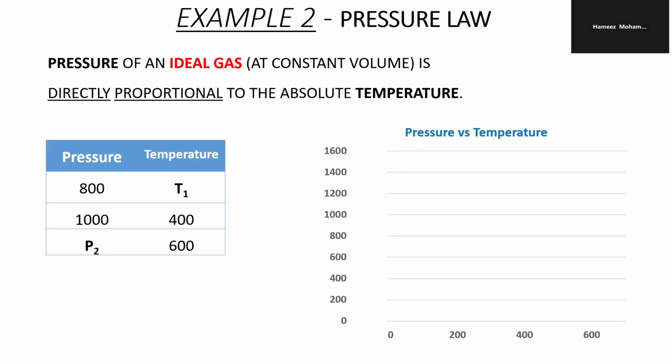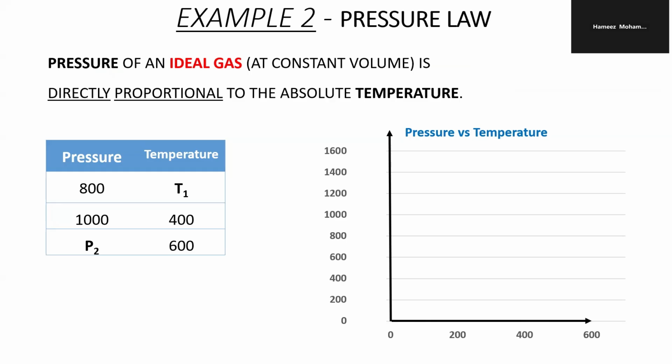Well, if we think about it as a graph, pressure versus temperature, we know if it is directly proportional, it must be passing through the origin. Let's put up the axes as well: temperature and pressure. Then we know it's passing through the origin, and we also know when the pressure is 1000, which is on the y-axis, the temperature is 400.